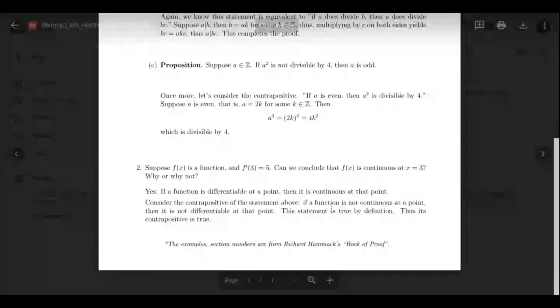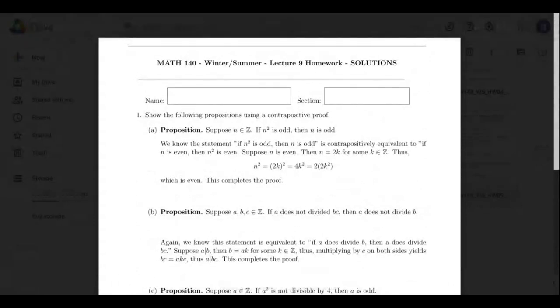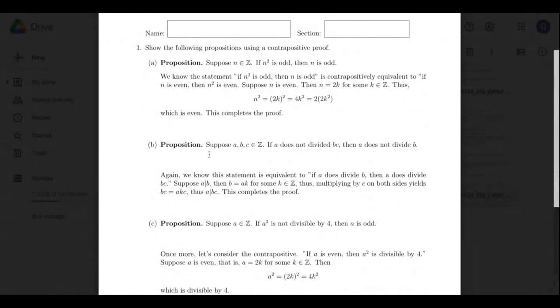Homework 9, question 9B. Proposition: suppose a, b, c are integers.